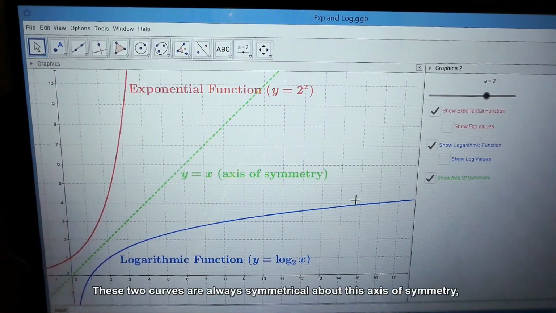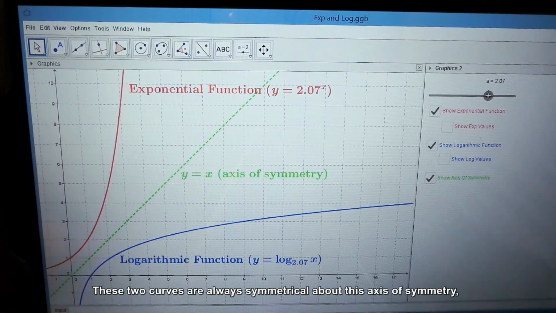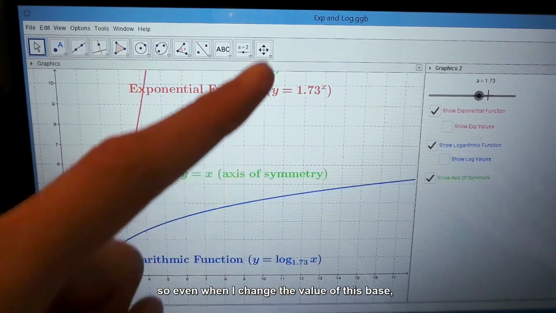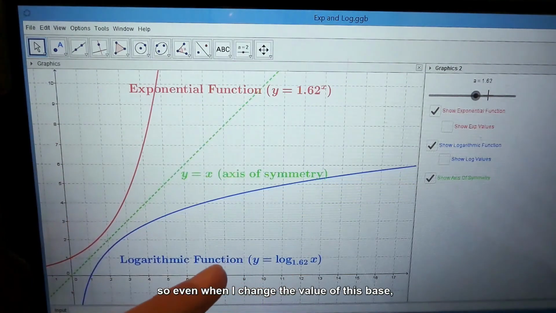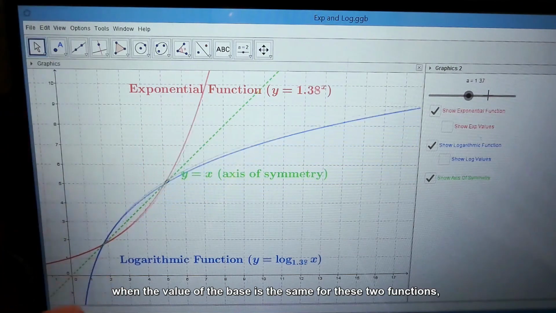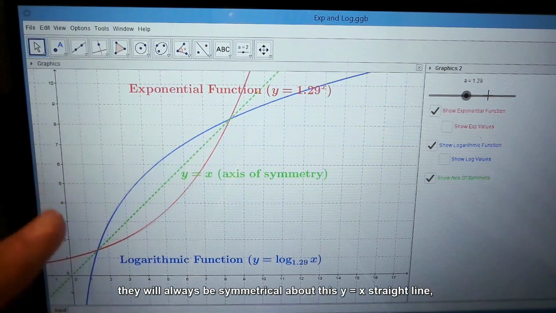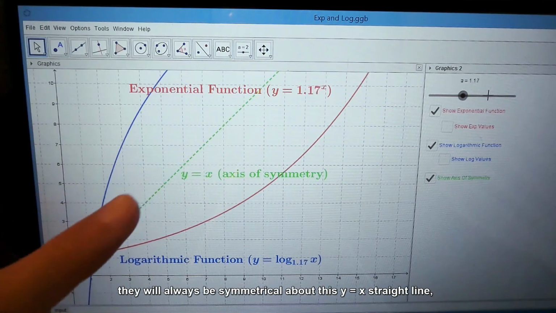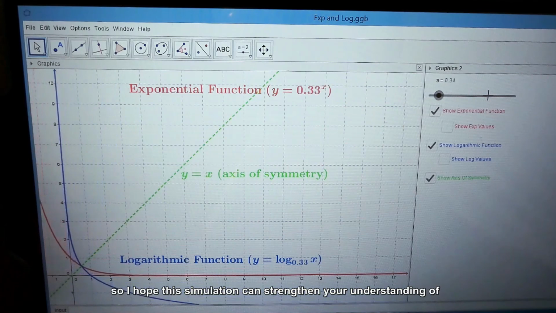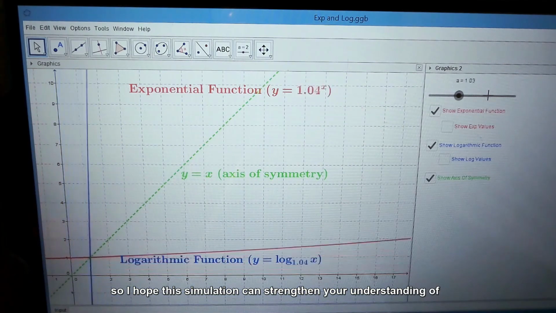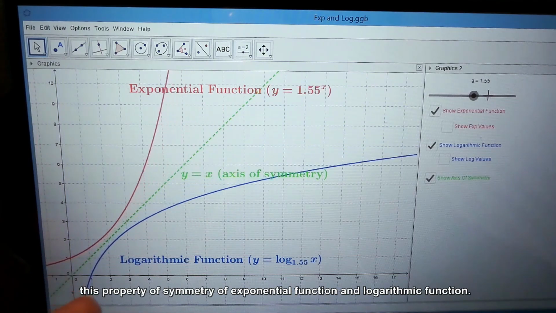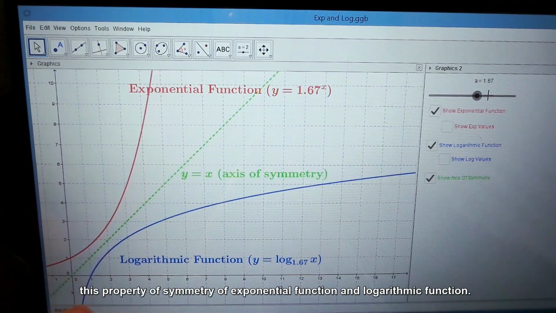And these two curves are always symmetrical about this axis of symmetry. So even when I change the value of this base, when the value of the base is the same for these two functions, they will always be symmetrical about this y equals x straight line. So I hope this simulation can strengthen your understanding of this property of symmetry of exponential function and logarithmic function.